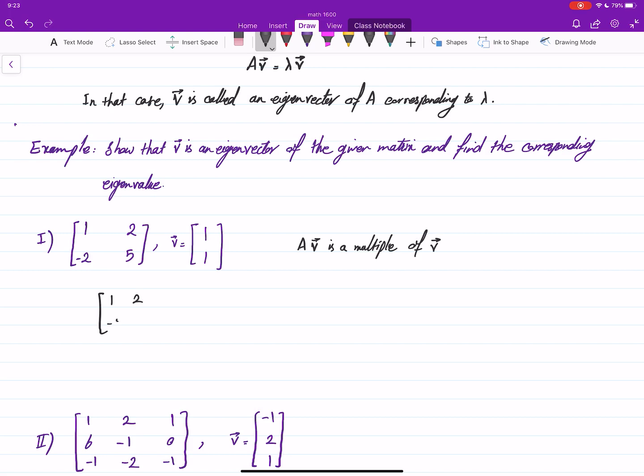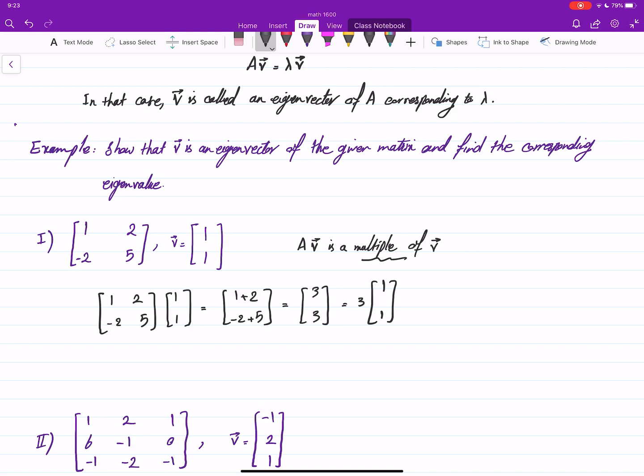1, 2, negative 2, 5 times 1, 1. This will give us 1 plus 2, negative 2 plus 5, and this is 3, 3. You see, this is Av. We have to show that it's a scalar multiple of v itself, and you can see that it is 3 times v itself.